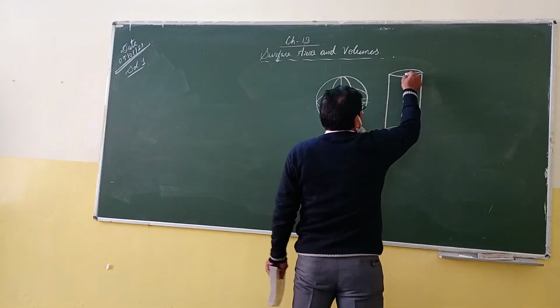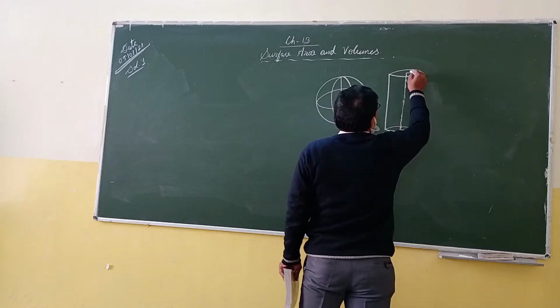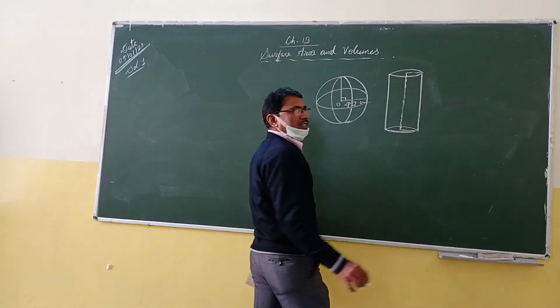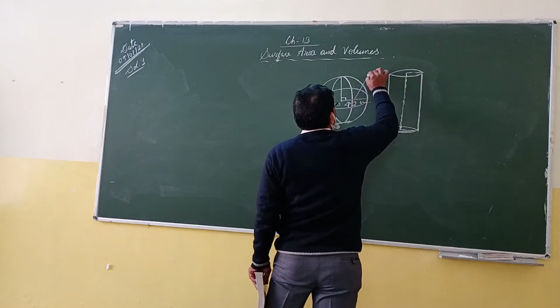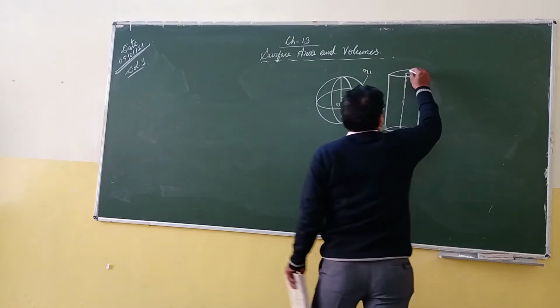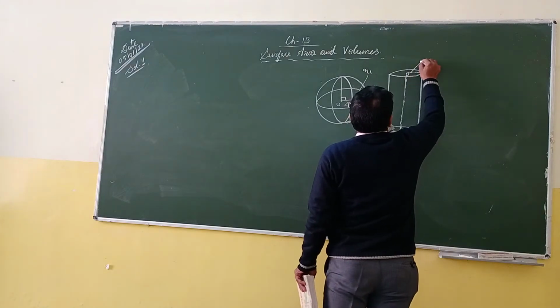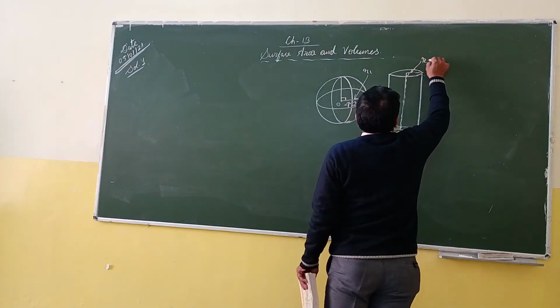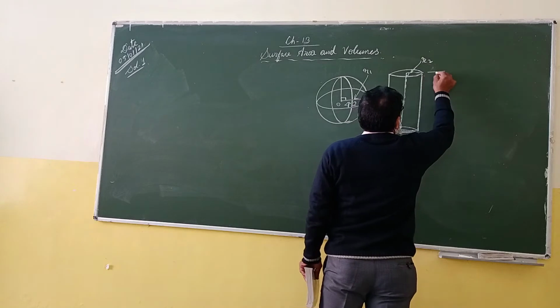So student, you are seeing that two radius are there. One radius from here, this radius we shall take now R1, and this radius we shall take now R2. This is the height.